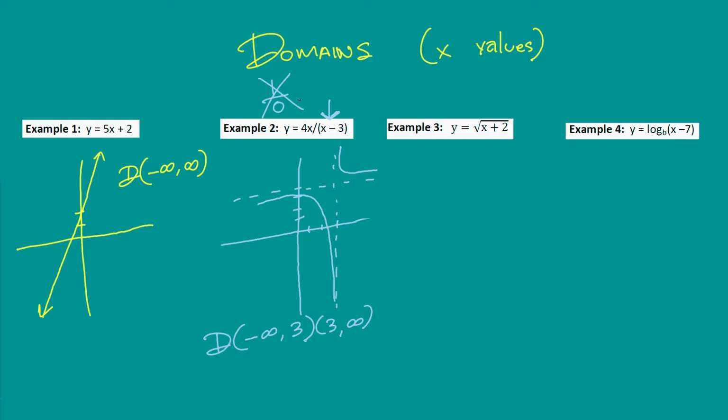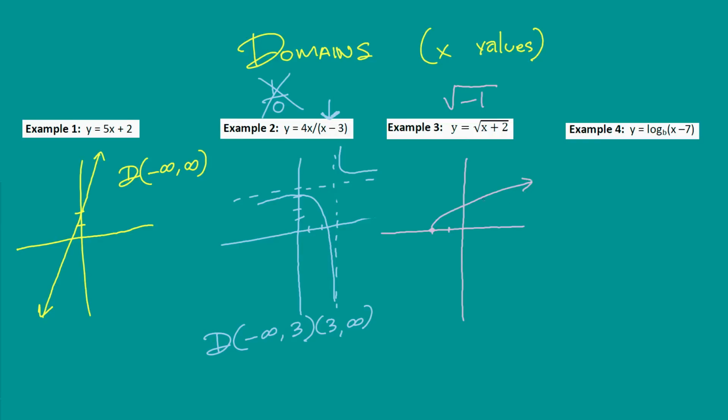The next way will be having a negative under a root. Now, we can have a negative number under a root with imaginary numbers, but for real numbers, we're not allowed to have a negative under a root. So if I was to draw out this graph, and we'll talk about actually drawing these graphs later, this one will go to negative 2, and it will look something like this.